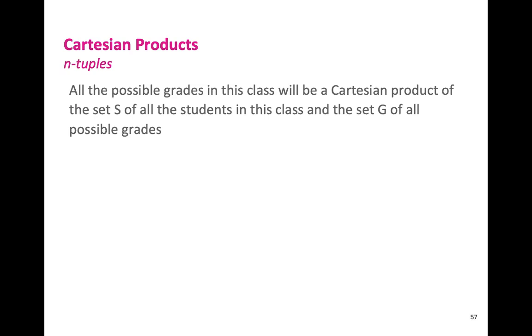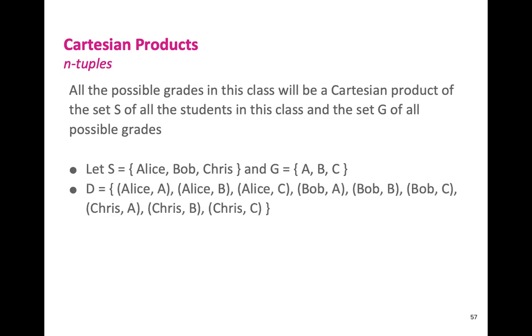So another example. All the possible grades in this class will be a Cartesian product of the set S of all the students in this class and the set G of all possible grades. Suppose we have a set S having Alice, Bob, and Chris, so that is the set of the students, and G will be A, B, and C, the possible grades. So the Cartesian product will be the set of all students and all possible grades.